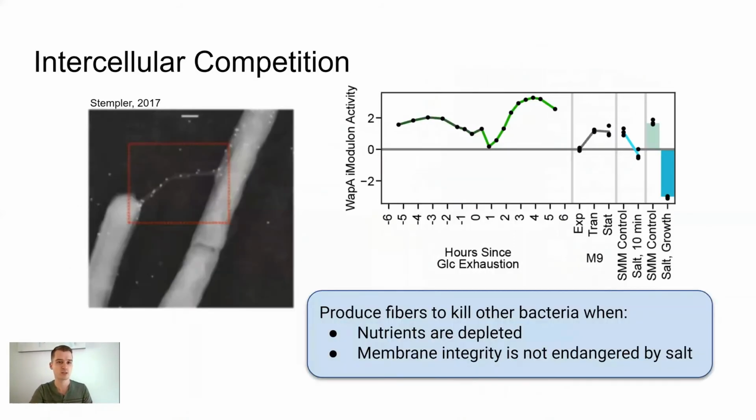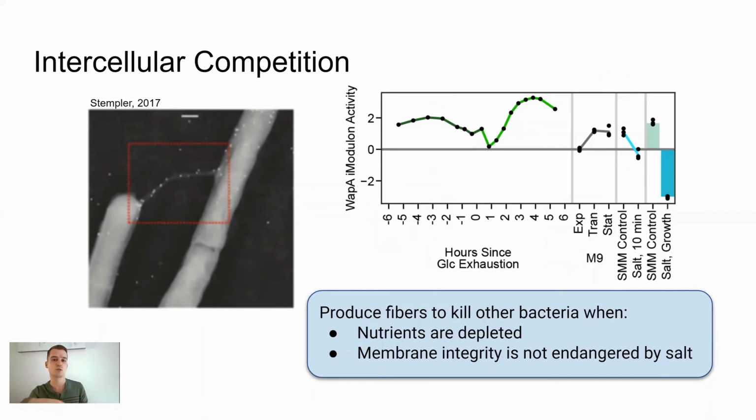Finally, one of the iModulons was related to this unique intercellular competition mechanism. So what you can see here is a recently discovered mechanism where the gene WapA is involved in protruding a fiber from Bacillus and using that fiber to attack an enemy species. This can then increase the amount of nutrients available to Bacillus.